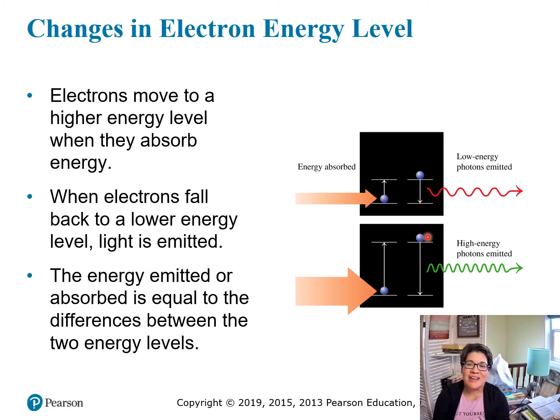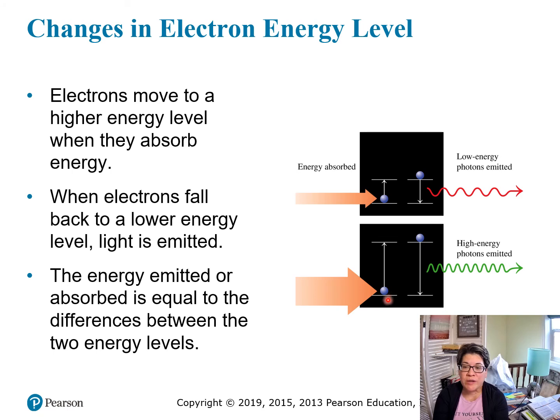So as they change energy levels to go up from level 1, let's say, to level 2, they have to absorb energy. So you have to excite the electron. And then when they go back down, they're going to release that energy that they had gained. So we know as they go higher, they have more energy.